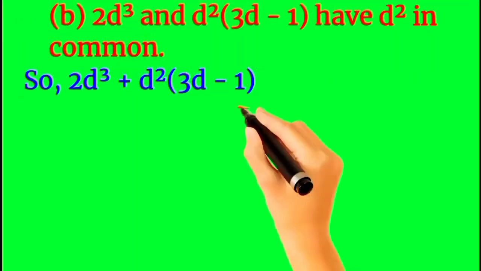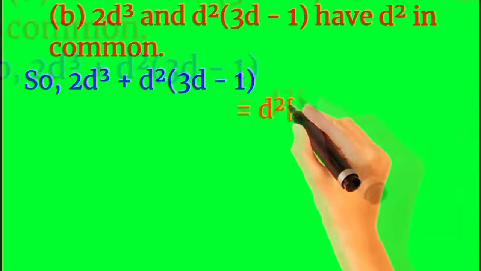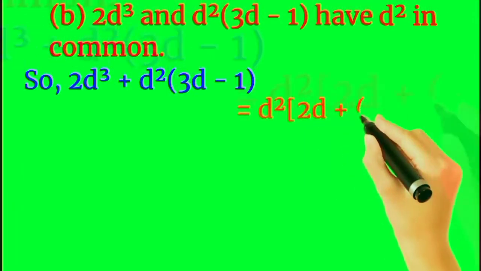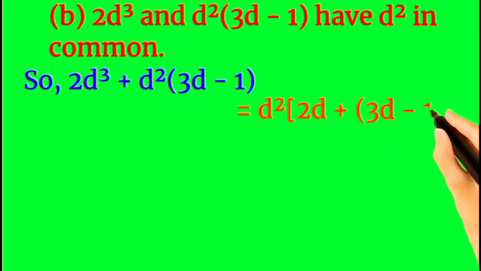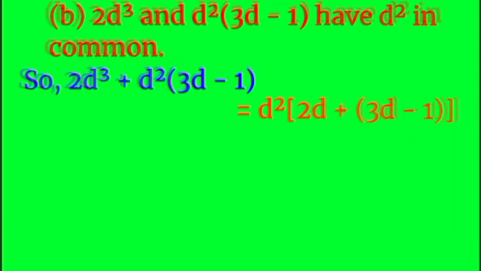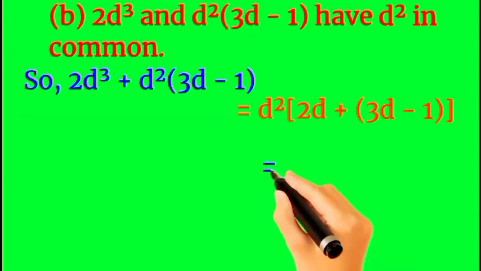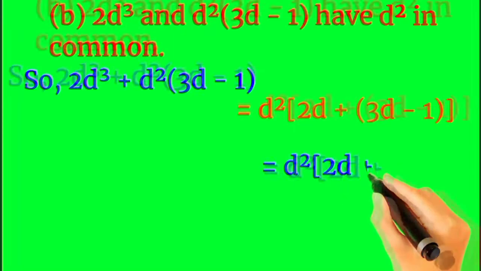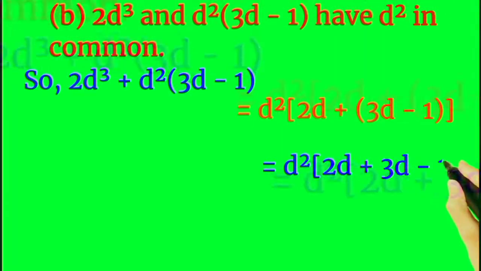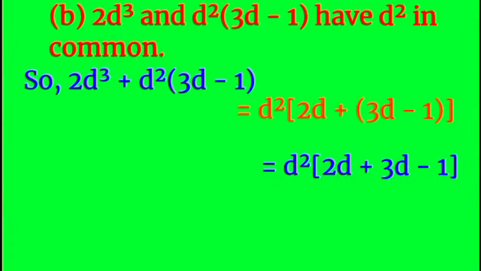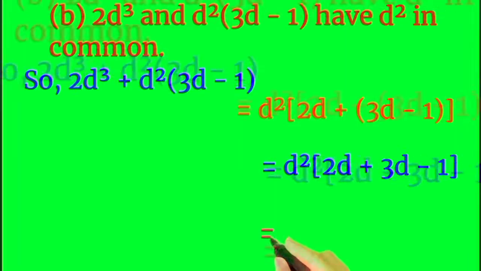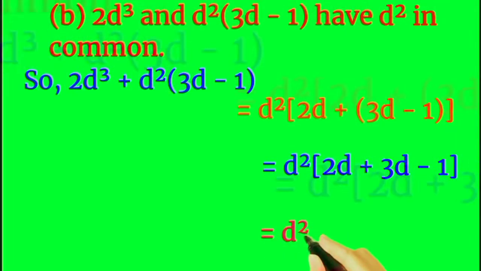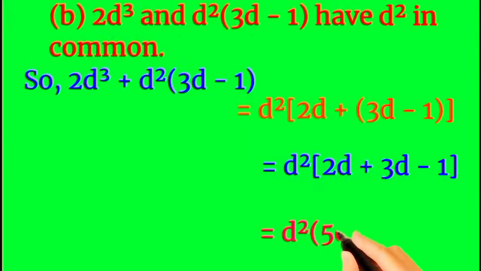You have d squared in the bracket of 2d plus bracket 3d minus 1. So you open the inner bracket and you have d squared in the bracket of 2d plus 3d minus 1. 2d plus 3d will give us 5d. So our final result is d squared in the bracket of 5d minus 1. Quite simple.